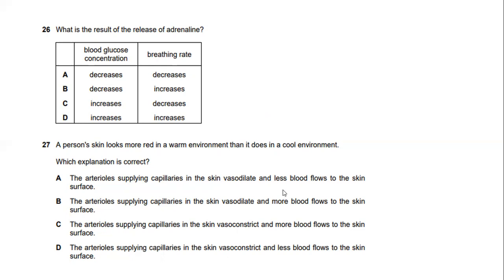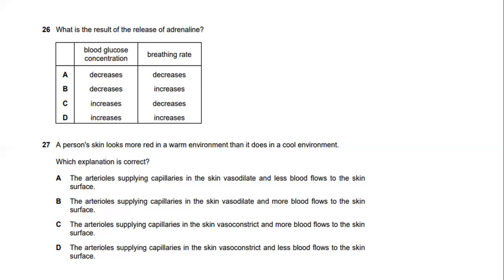A person's skin looks more red in a warm environment than it does in a cool environment. Which explanation is correct? What happens when the body is too warm or too hot? The arteriole supplying the sweat gland dilates, bringing more blood so that the gland can make more sweat. Arterioles supplying the capillaries dilate, bringing more blood to the surface capillaries where it can lose heat.